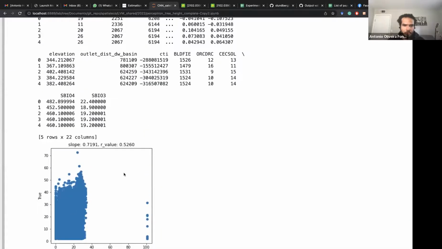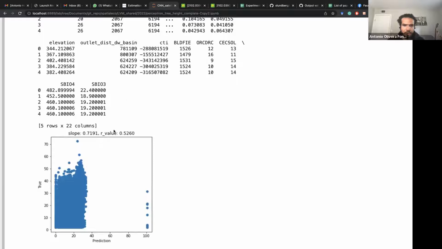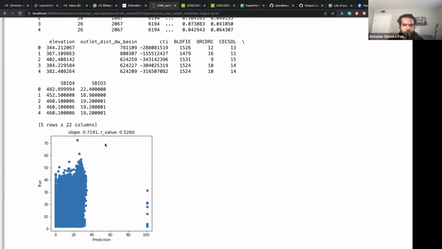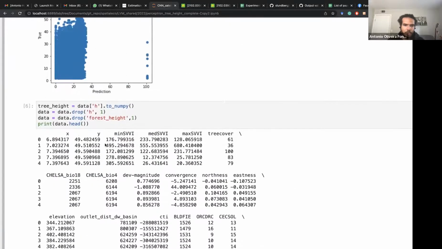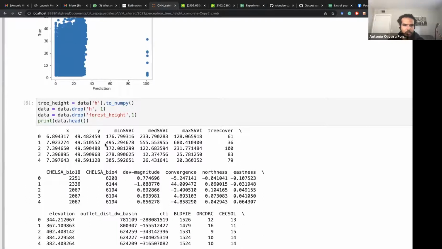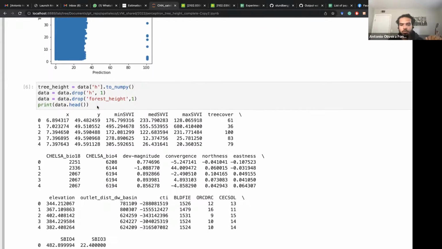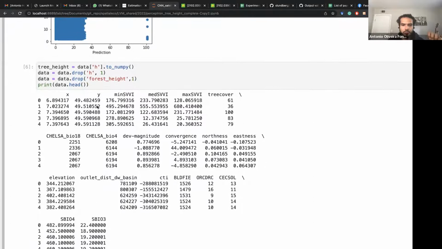So now we verified that the R value from these guys is 0.52. Now what we're going to do is exactly the same as we have done before. I'm going to export the H, which is the true value, or what I'm trying to reproduce, which is always important to emphasize. It's also an estimate given by the combination of the 6 algorithms that Pepe described in his lecture on the random forest.